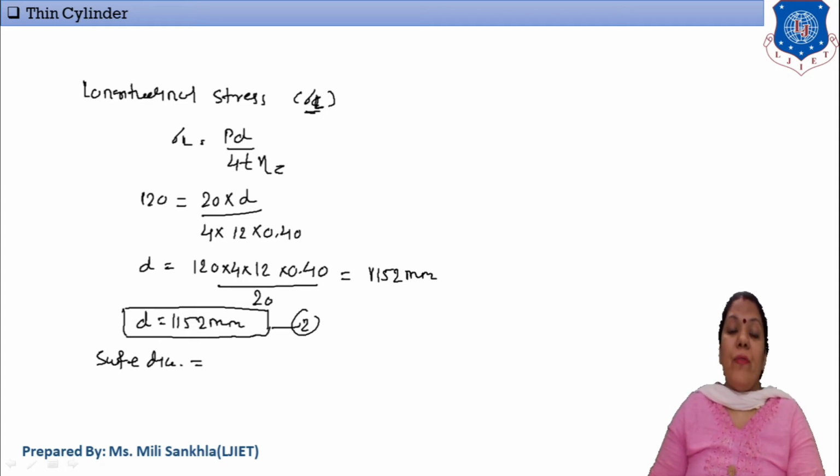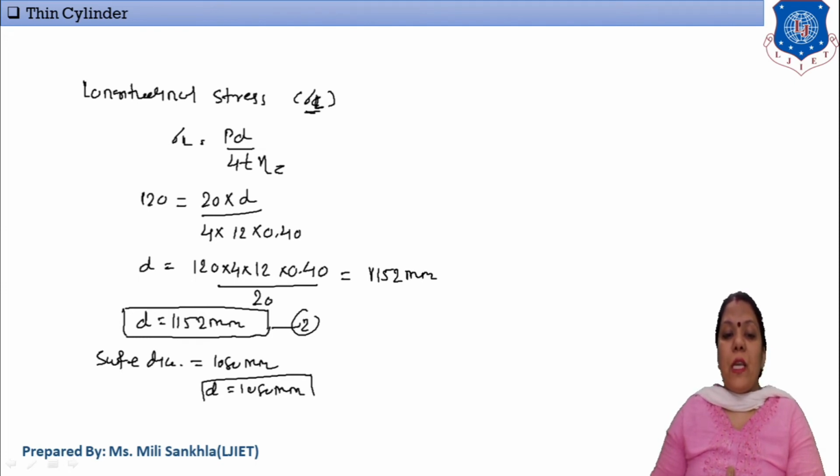So if our diameter is lower, then our values of stress decrease. So safe diameter D is equal to 1080 mm. This is our safe diameter. Okay, here our example is complete.